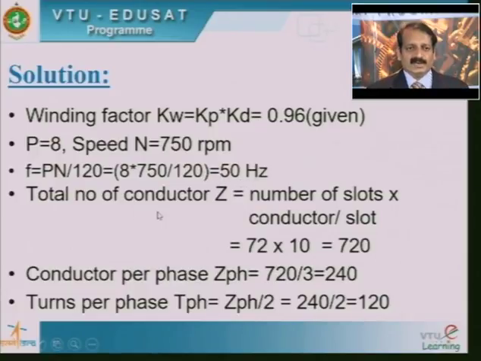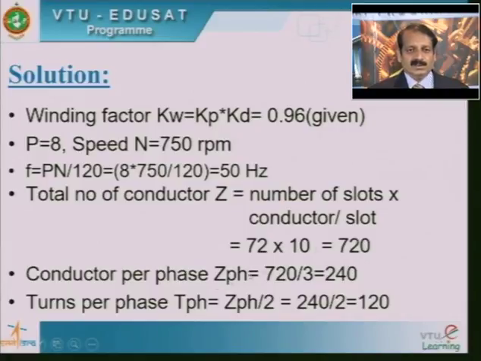The total number of armature conductors, denoted as Z here, is equal to the total number of slots round the periphery of the armature into conductors per slot. It is given in the numerical that conductors per slot is 10 and we have 72 slots altogether in the inner periphery of the stator. So we will have a total of 72 into 10, which is equal to 720 conductors.